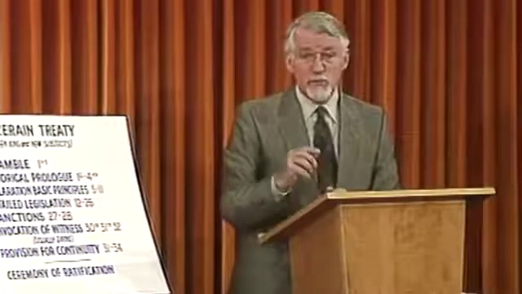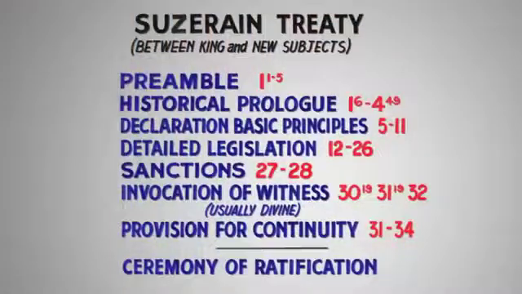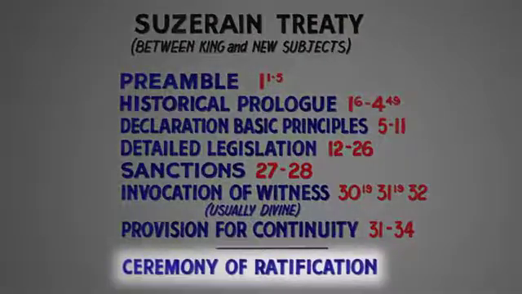And finally, there would be what we've called a provision for continuity. What would happen if the king died? And a successor would be named to whom the people would still be subject. And finally, all that would be settled in a ceremony when all these things would be written down and signed and agreed between the king and his new subjects.